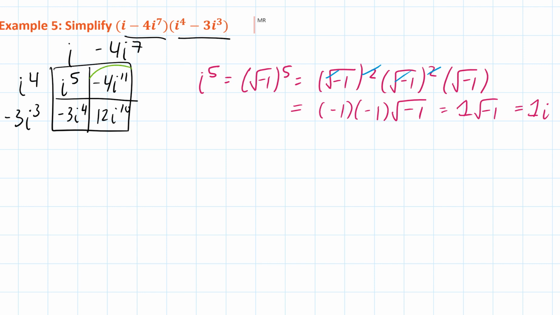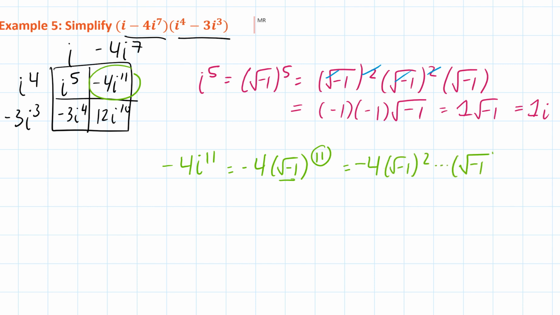Okay, let's deal with this next term. Negative 4i to the 11th. That'd be negative 4 times the square root of negative 1 to the 11th, if all we're doing is substituting. So we're multiplying this square root of negative 1 by itself 11 times. That'll give us 5 pairs, plus a leftover.